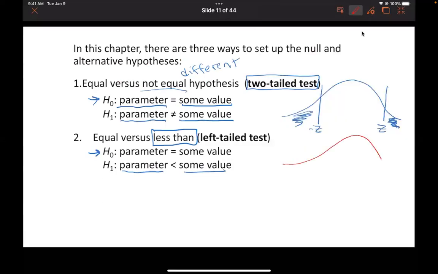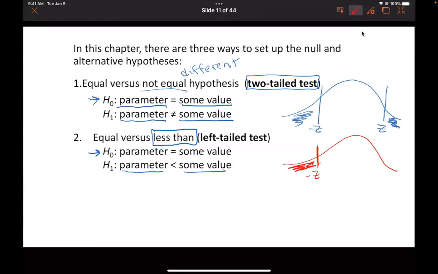I'm going to have one z-score, and it's going to be a negative z-score right down here, and I'm looking for, does my sample land me outside of that z-score, lower than that z-score? That's what I'm looking for. This is a left-tailed test. We'd have one negative z-score.